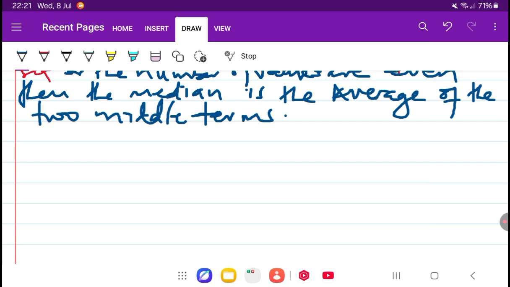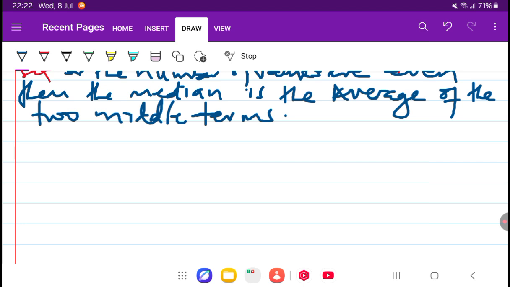So when you're looking at the median, it represents the number that is going to be in the middle of the distribution.